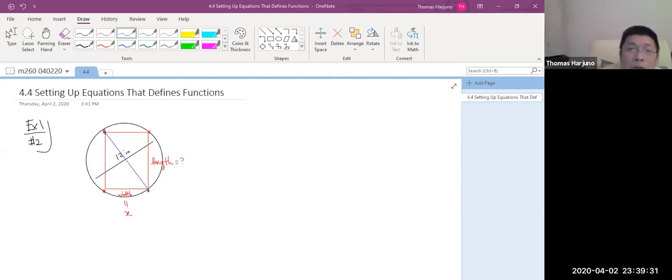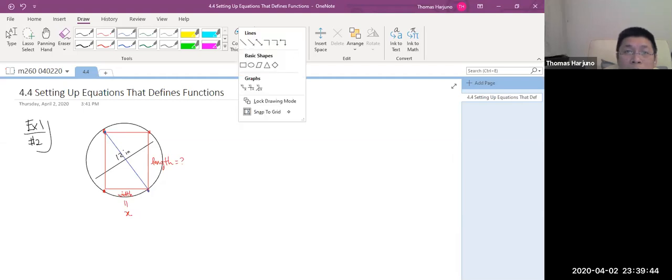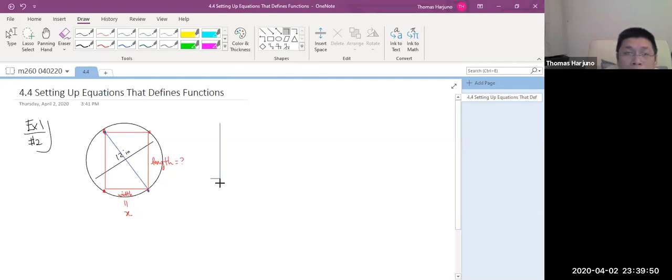Okay, now let me continue. So if I bring out that triangle, oops, no, not this triangle, sorry. I want the right triangle. But they don't have it. Okay, then I use this guy here.